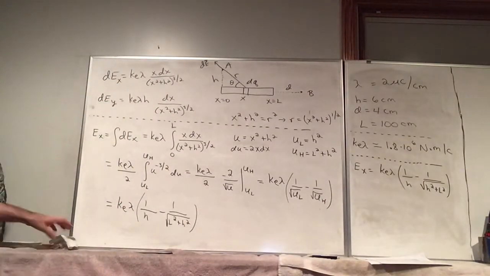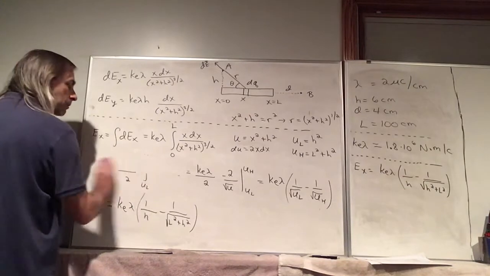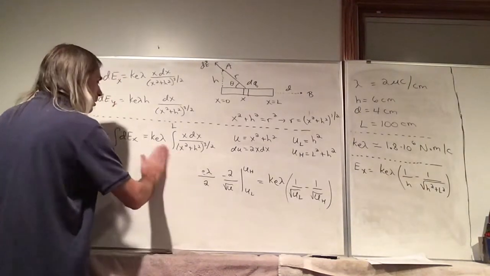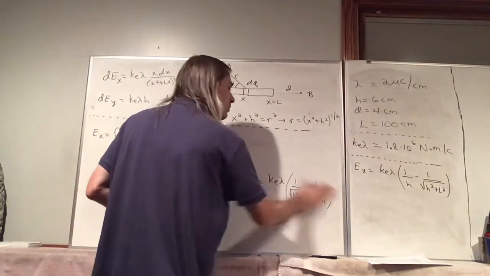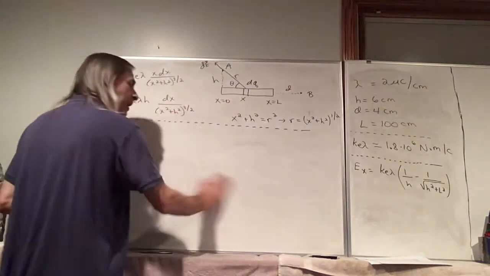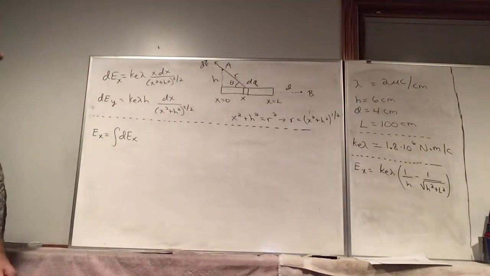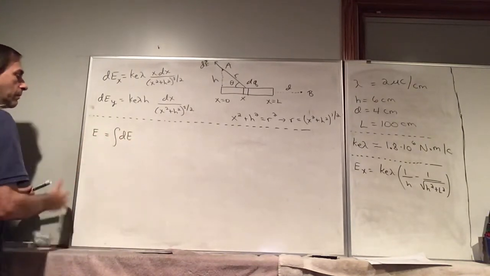We can figure out the number later, but for now, let's look at Ey. So I'm going to erase all of this. And then after we find the y component, we'll have the electric field at point A, then we'll look at the electric field at point B next.